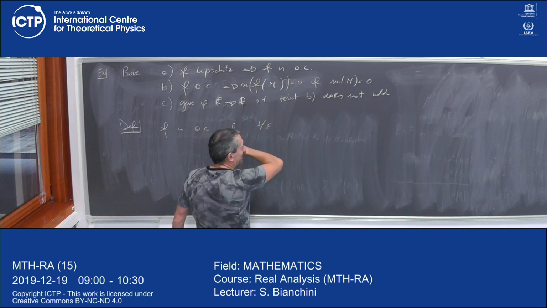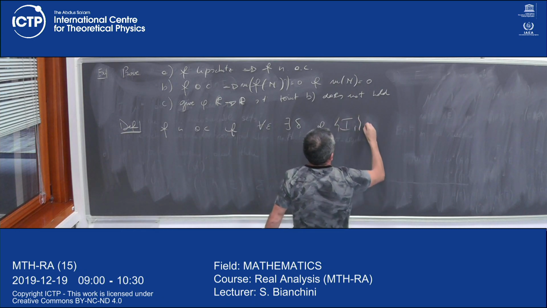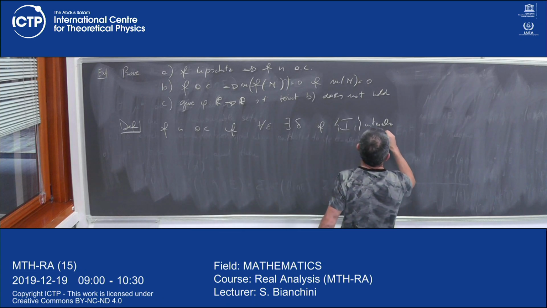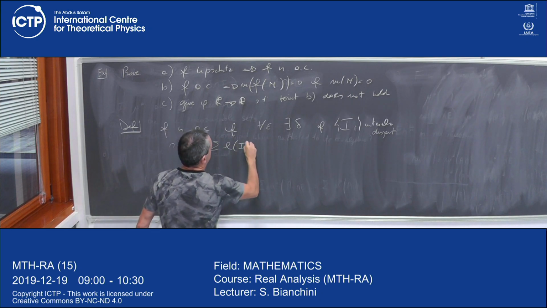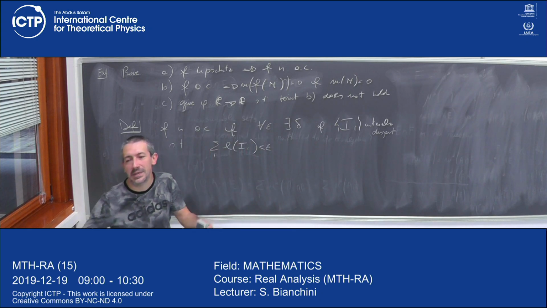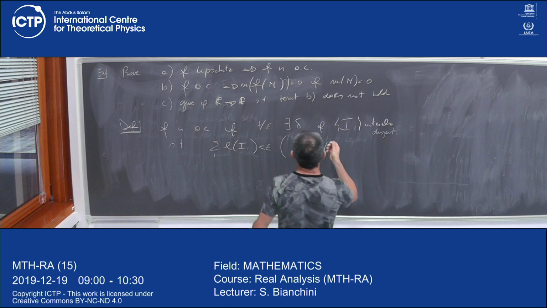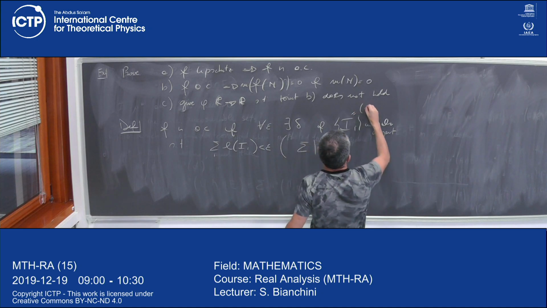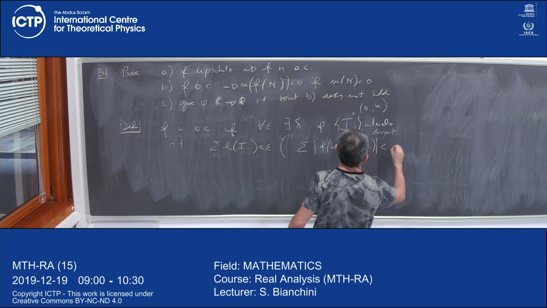For all epsilon, there exists delta, such that if I are disjoint intervals such that the sum of the lengths of the intervals is less than delta, finitely many or countably many doesn't matter now, then the sum of f of B_i minus f of A_i is less than epsilon.